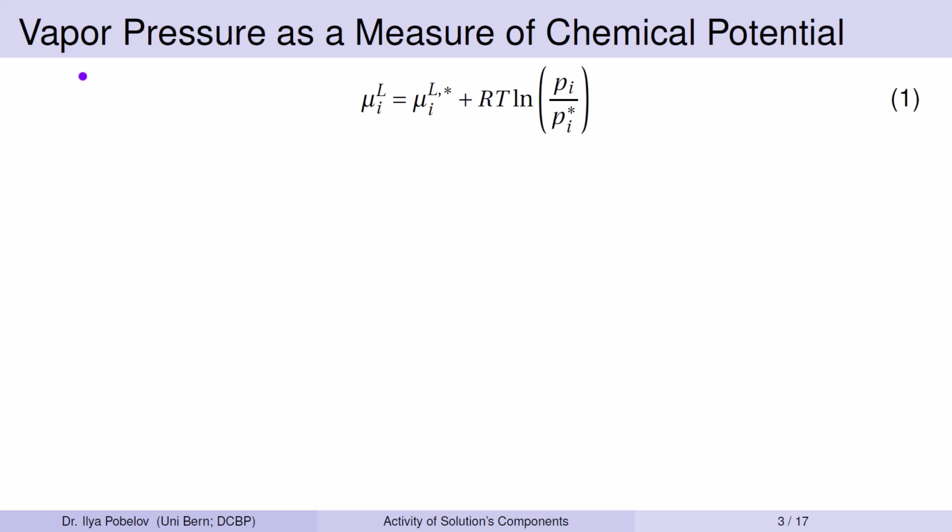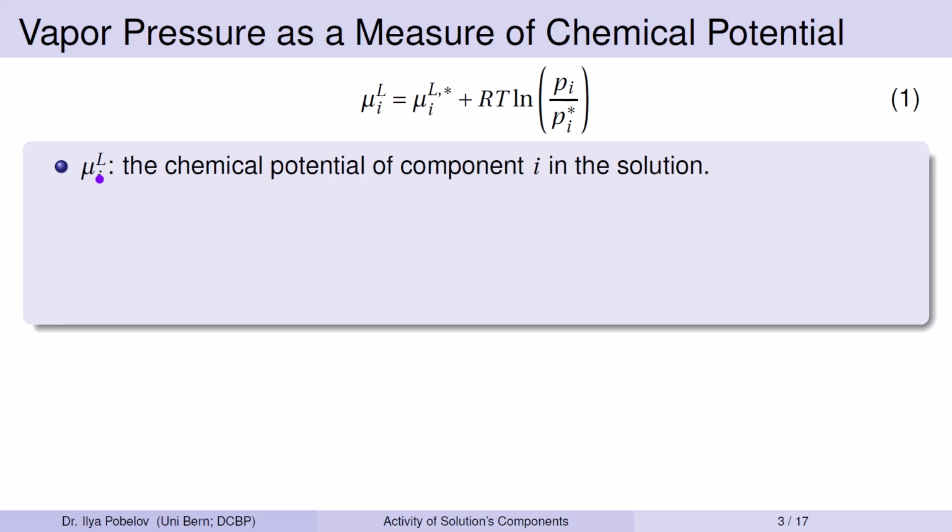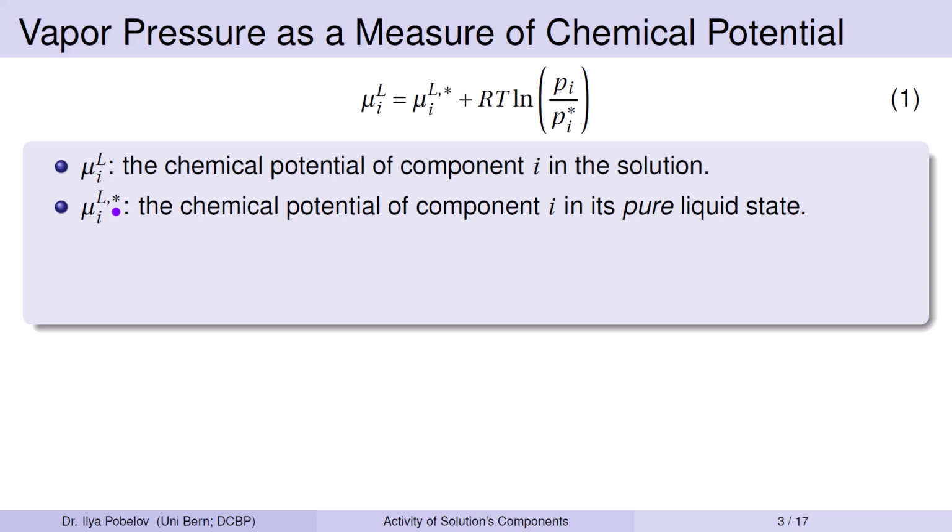In this quest to establish a thermodynamic description of real solutions, we will make use of the following expression that I have already introduced previously. μ_i(l) equals μ_i*(l) plus RT times the natural logarithm of the ratio of p_i over p_i*. Here, μ_i(l) represents the chemical potential of component i in the solution, while μ_i*(l) is the chemical potential of component i in its pure liquid state.